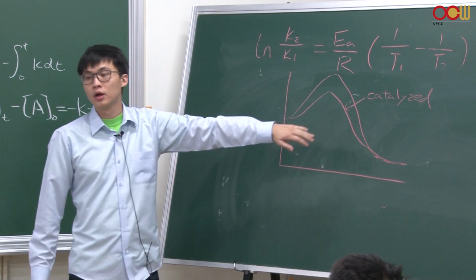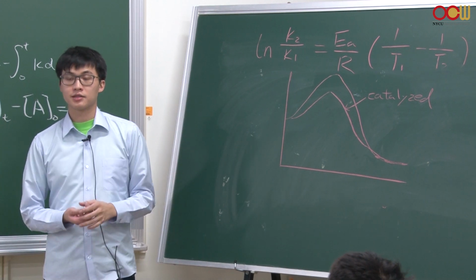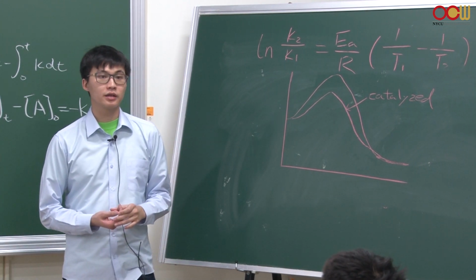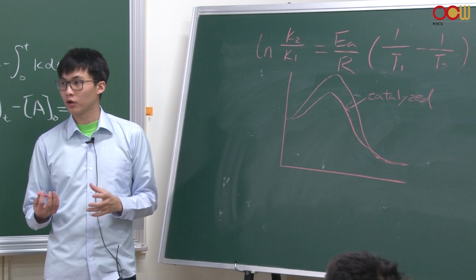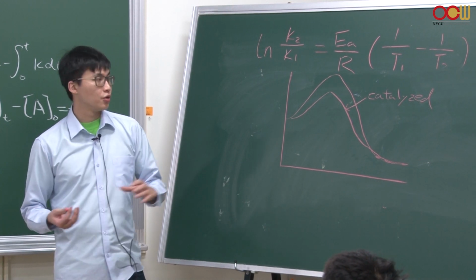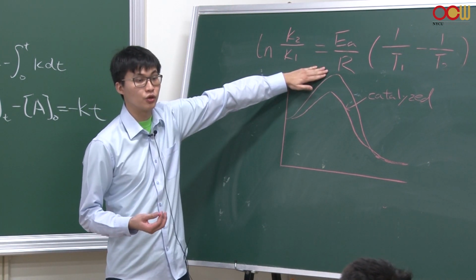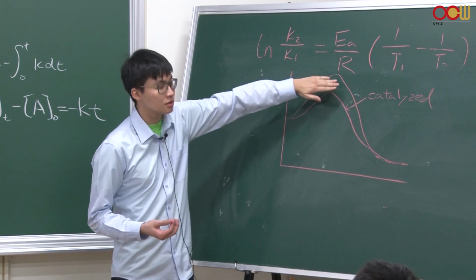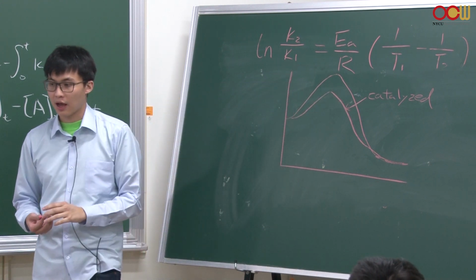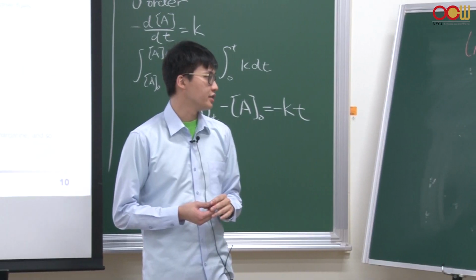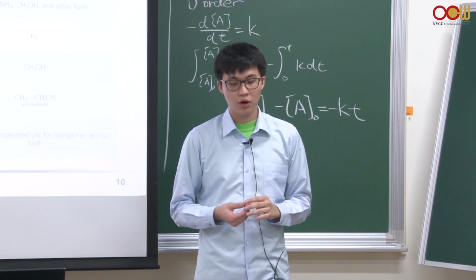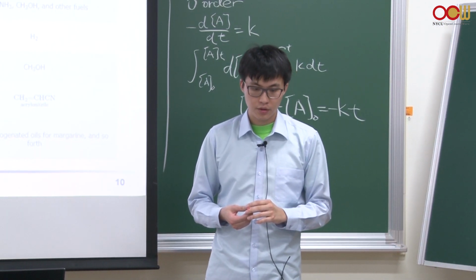So for enzymatic catalysis, an enzyme is a biomolecule that stabilizes your transition state, which in turn makes this reaction progress much easier because you have a lower energy barrier.